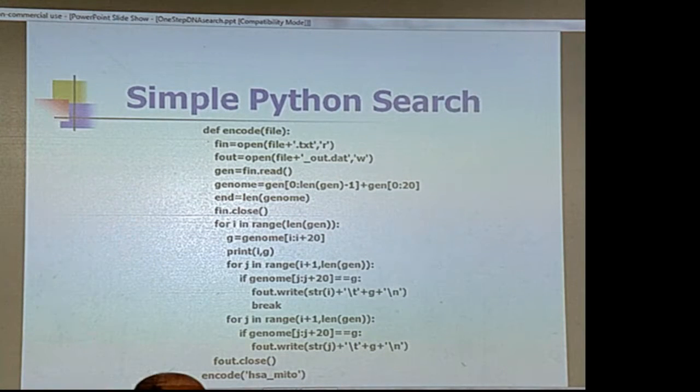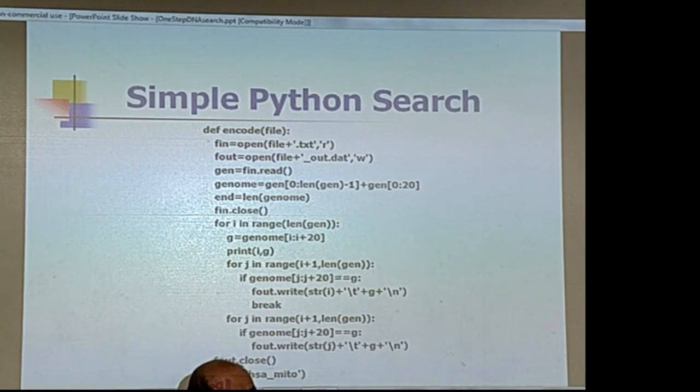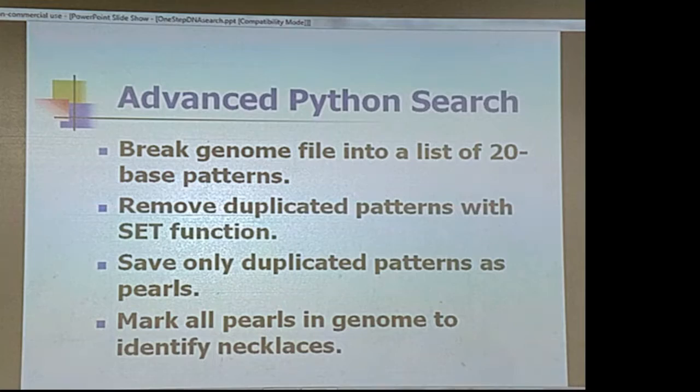If you find any match, just write it out. So this is the very simple search. It's very nice and very easy to explain, but it's extremely slow. You can do it only for the simplest, shortest genome file.